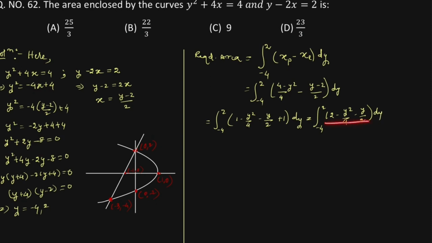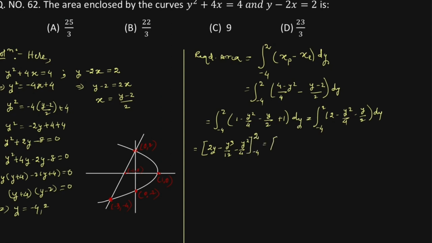If you integrate this, then you will get 2y minus y cube by 12 minus y square by 4. Then we are able to write 2y minus y cube by 12 minus y square by 4, from minus 4 to 2.